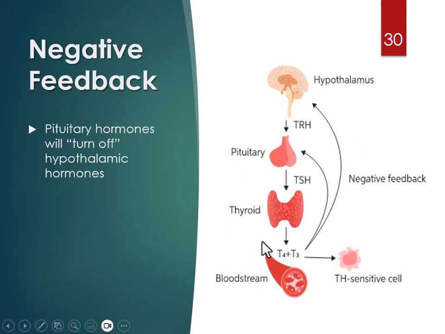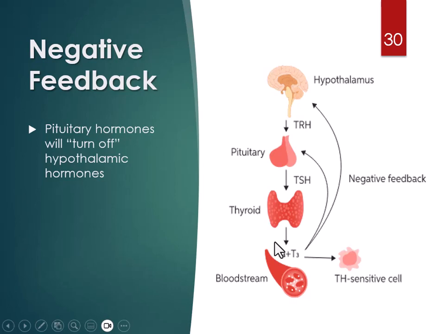Basically, when thyroid hormone levels are adequate or high enough, it feeds back and shuts off the pituitary gland and the hypothalamus from releasing the releasing factors. So you have less TRH and TSH released when thyroid levels are high. And when thyroid levels go down again, the inhibition stops and these release, and you release more thyroid hormone.